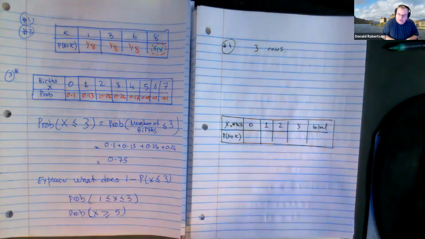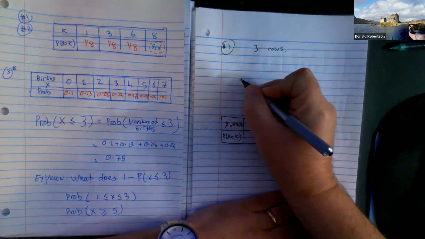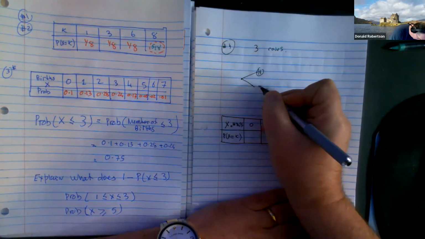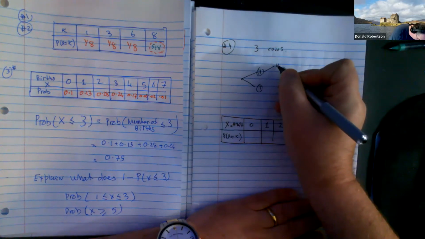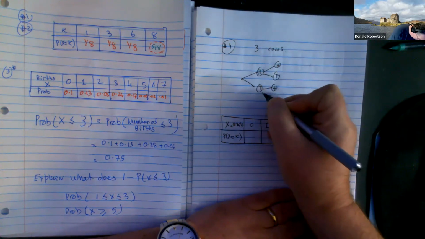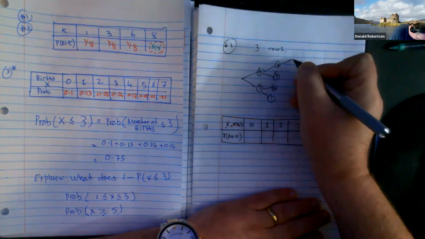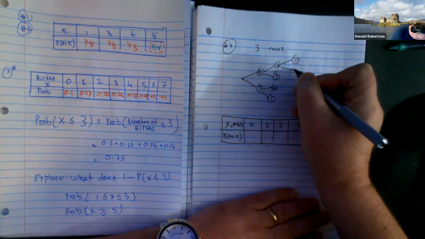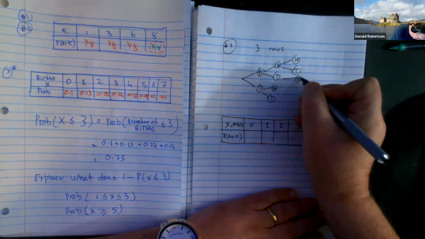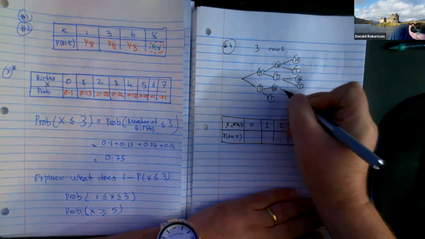Okay, so you're throwing 3 coins. You agree these coins are independent of each other, right? Now I'm going to have to build a little tree. There's more than one way to do this, but I'm going to do it this way. Heads, tails, heads, tails, heads, tails. This is why tree diagrams kind of don't work very well.